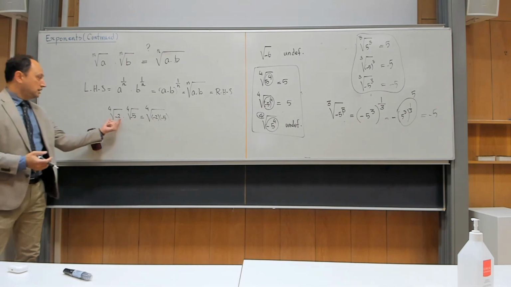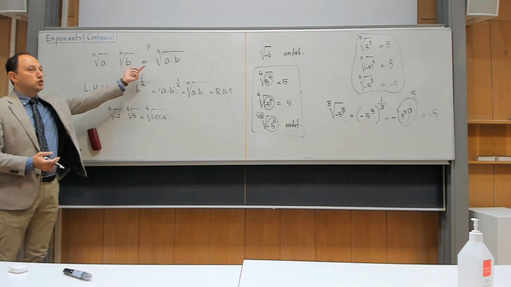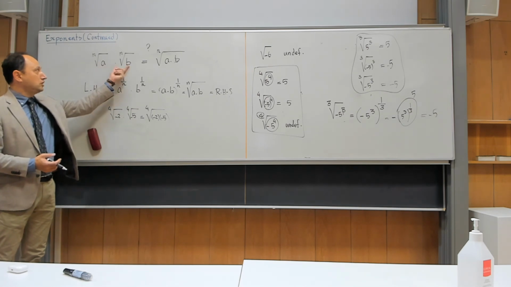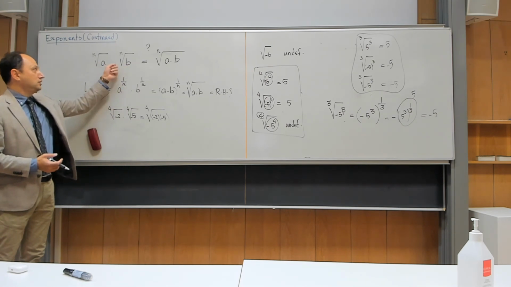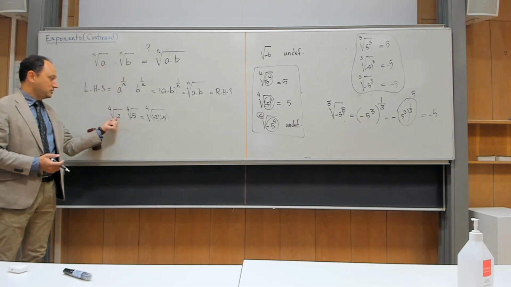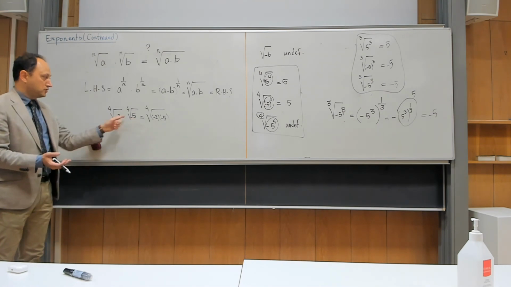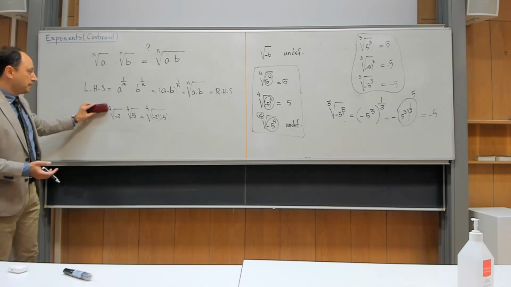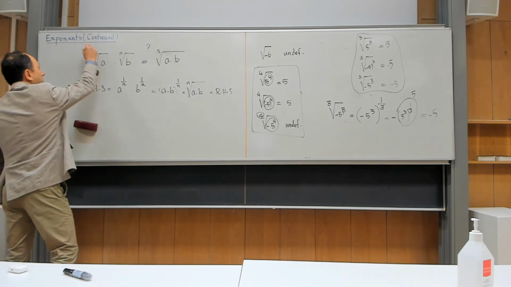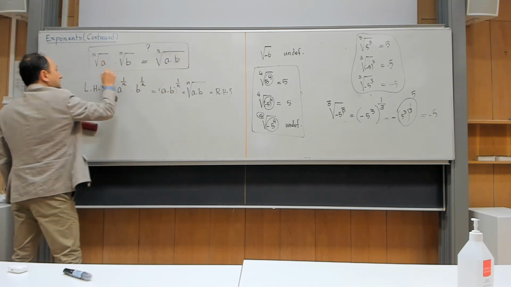No, because just blindly using the formula is useless. This formula works if they are numbers. If they are not numbers, I cannot multiply them in the first place. So if this is not a number, because this is negative, how can I multiply two things that are not numbers? So this is not valid. Be careful. Whenever you want to use this formula, you have to be very careful about that.